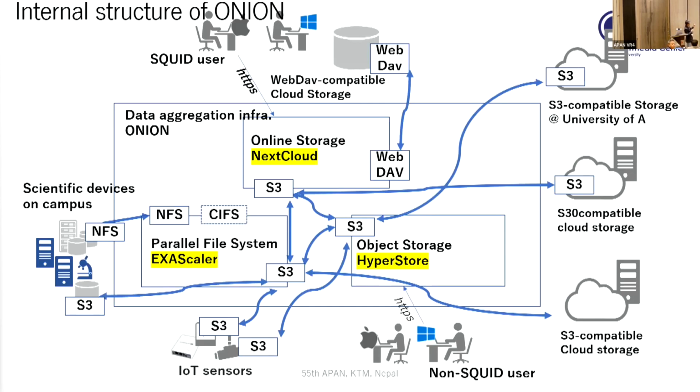By introducing the S3 protocol and combining three different storage solutions, our users can now move data from outside the supercomputer system into the supercomputer system, and some users can make the computation results public right after computation. So now our users enjoy the liquidity and portability of the data.